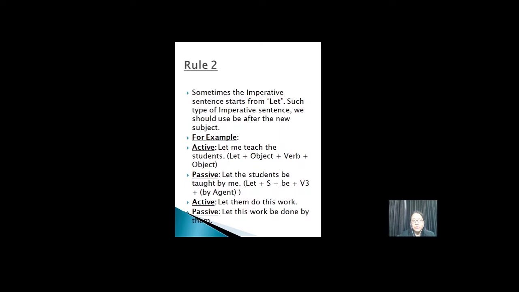Two times we have an object, because "me" is given as an object and "the students" is also an object. So the sentence is: let plus subject plus be plus V3 plus by agent. Let the students be taught by me. Let them do this work. Next sentence: Let this work be done by them.